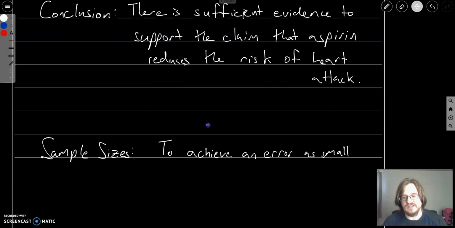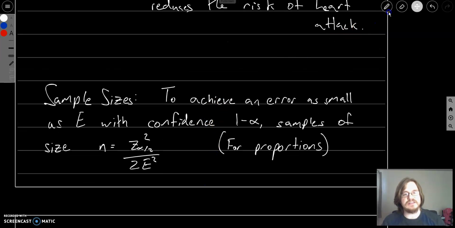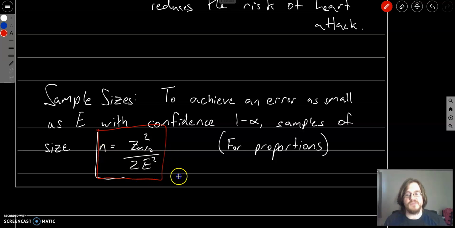We'll finish up this section just by mentioning sample sizes very briefly. So this formula here for a sample size gives the required size at the correct confidence level. This can be deduced by going back and looking at the formula for the error, but here we've just solved that for n.